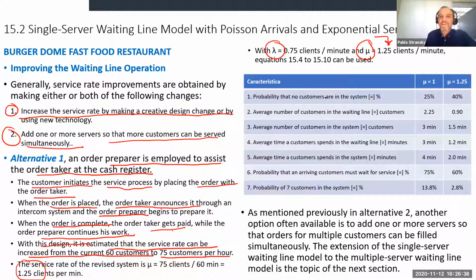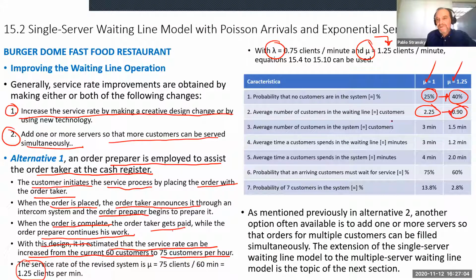What's going to happen with my figures? Okay, so this was the first case, and this is the second case. Probability that no customers are in the system, 25, now 40. So that's a better figure now. Average number of customers in the waiting line, 2.25, now 0.9.